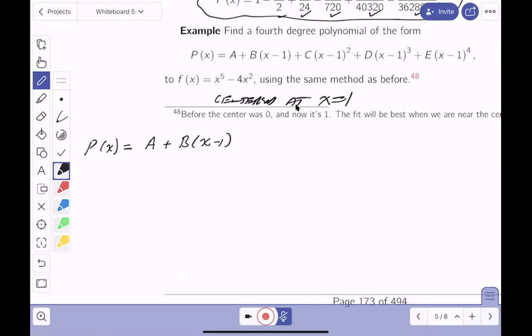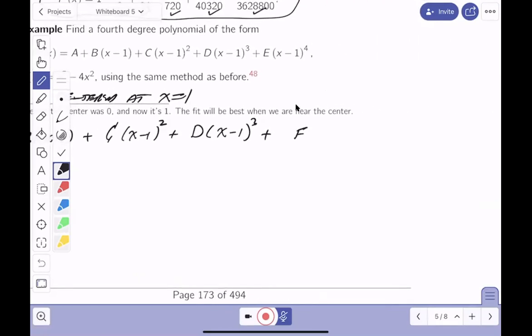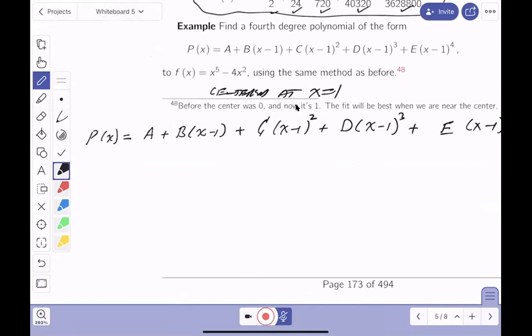All right, let's keep writing this down. I'm just writing down what I'm seeing. C times (x minus 1) squared plus d times (x minus 1) cubed plus e times (x minus 1) to the 4th.